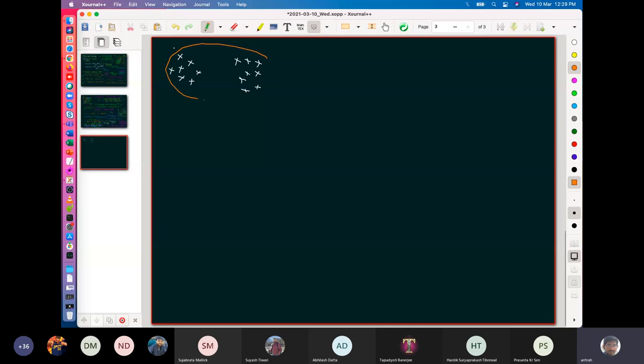We will first assume this makes one cluster, which means that all your points will form one cluster. Then depending on the distances, you will try to split it. Let's say I first split it this way, or I split it this way, or I can split it this way.